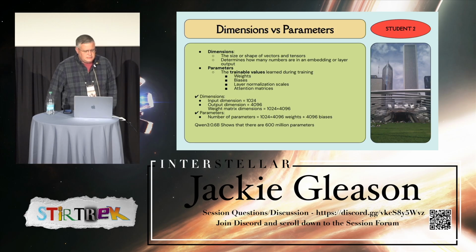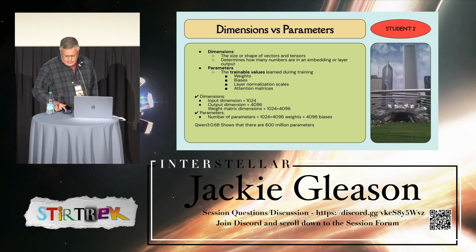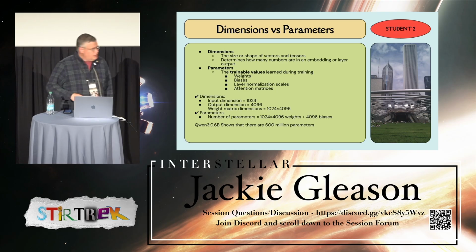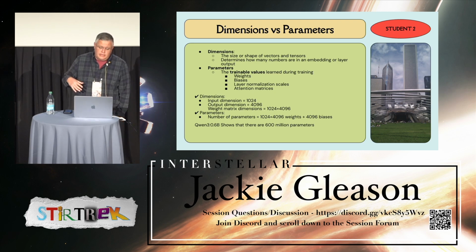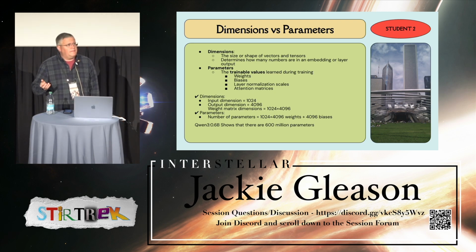I talked about this a little bit, but it's a really important concept when it comes to using different models, both for embedding and for normal LLMs. And this is understanding dimensions and parameters. Dimensions are the size and the shape of the vectors and tensors.